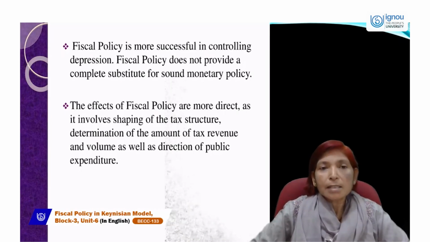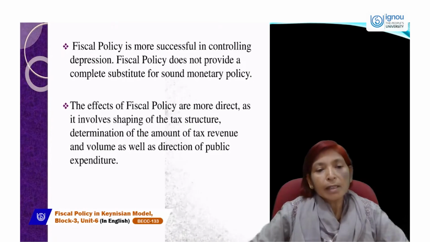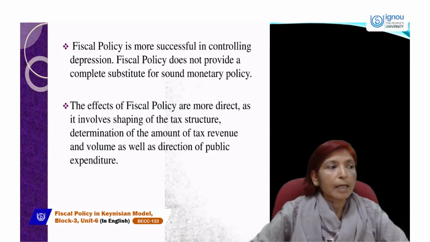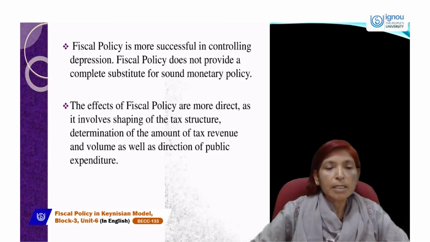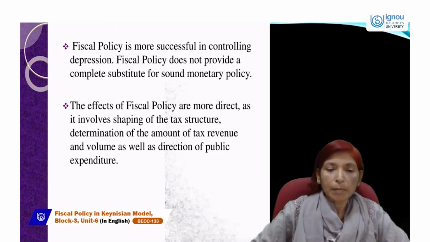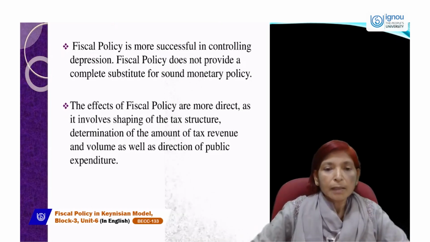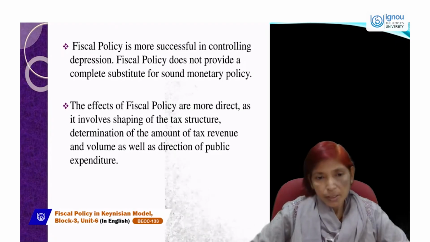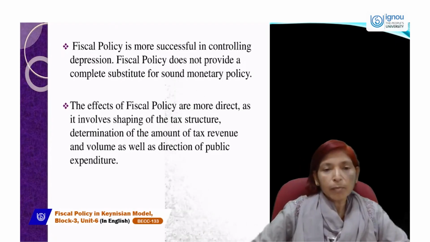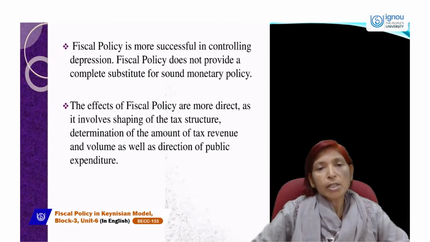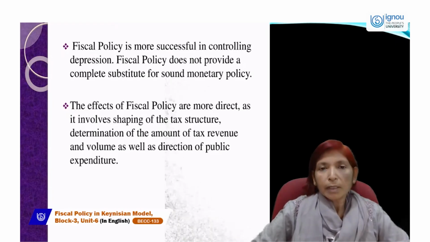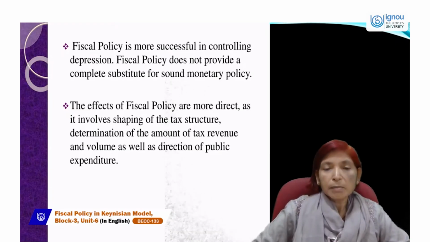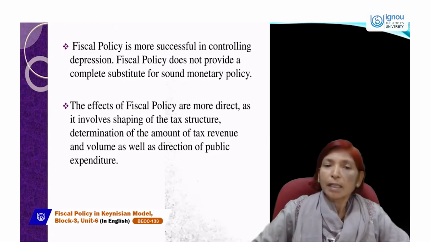Public expenditures are very necessary to fulfill the set targets, and you know that one person's expenditure is another person's income. If the government spends money, then public income will be generated. If the government spends more, public income will be generated more. When the public gets more income, their purchasing power will increase.